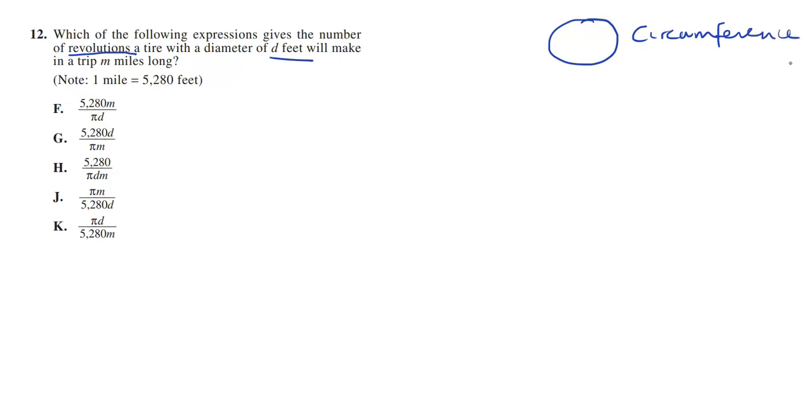For a circle, the circumference is going to be 2 pi r or pi multiplied by diameter. So therefore, we know that one revolution is going to be equal to pi multiplied by d. And this is in feet.